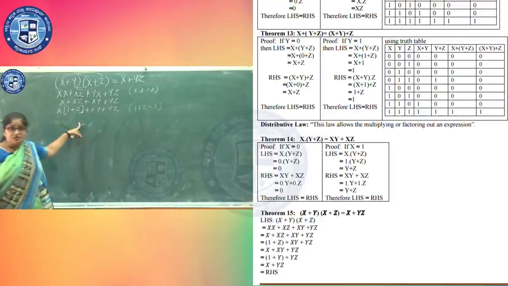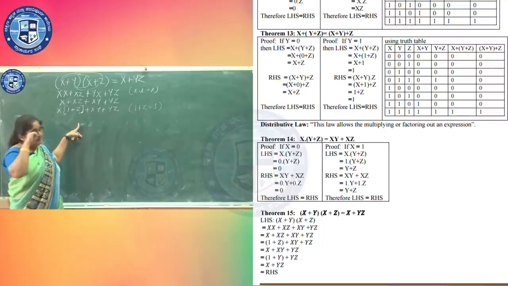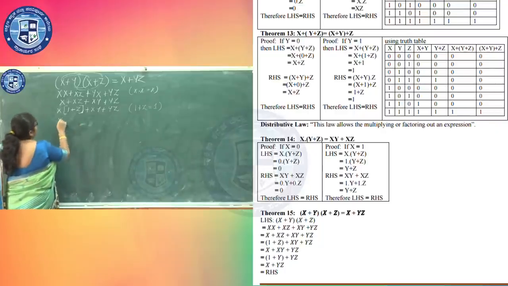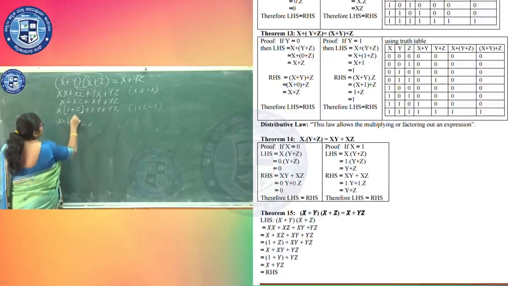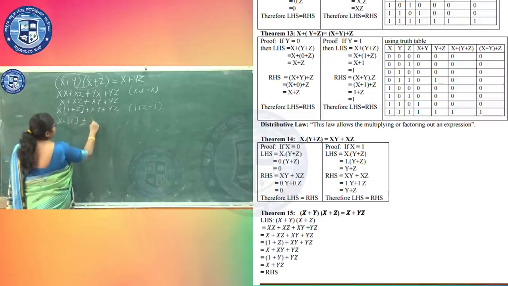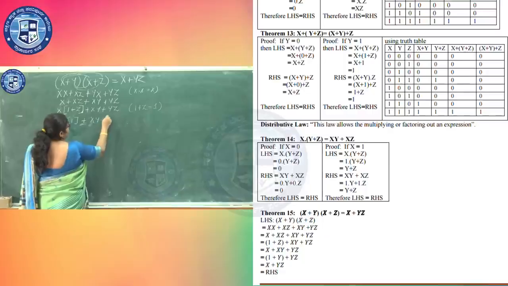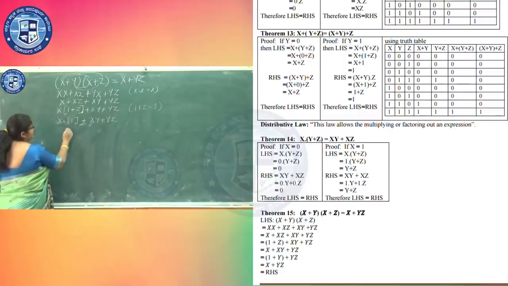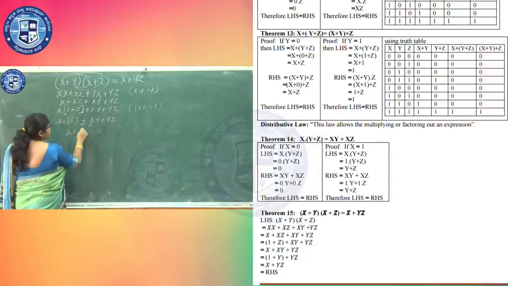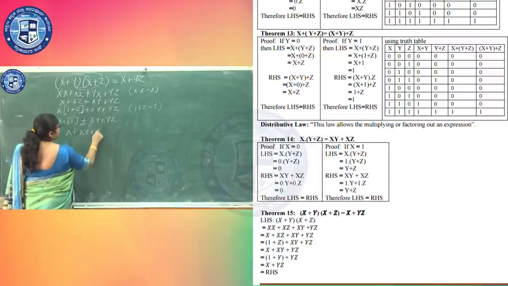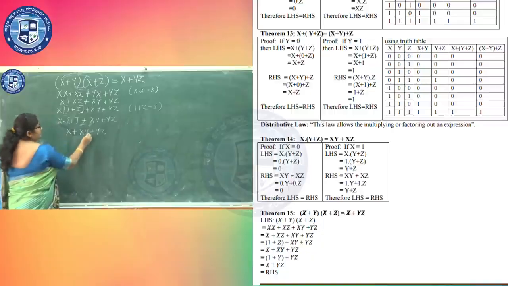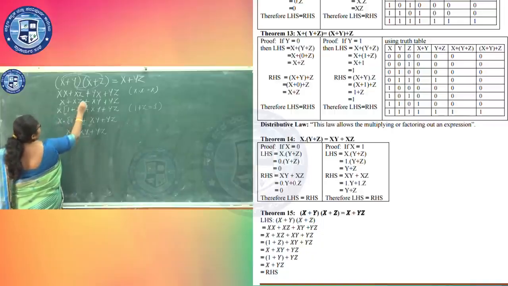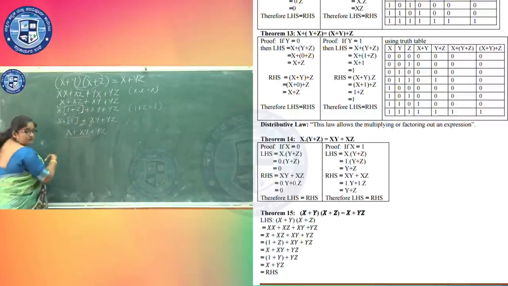This we have also proved previously. This is all there in the properties of 0 and 1. X into 1 plus xy plus yz. X into 1 is nothing but x plus xy plus yz. Here again in these two we can take the common term outside.